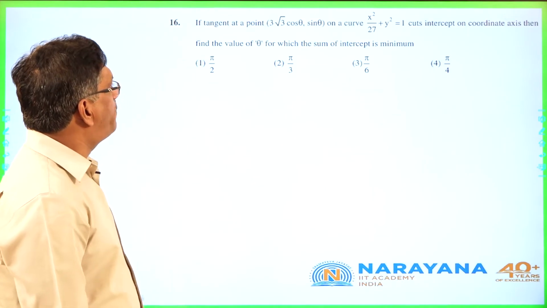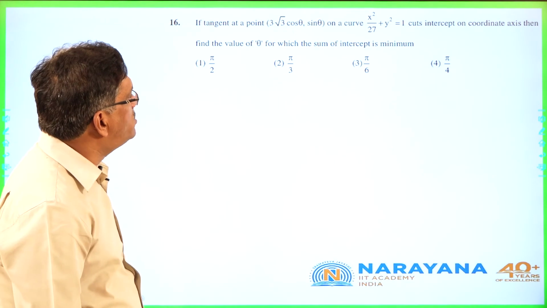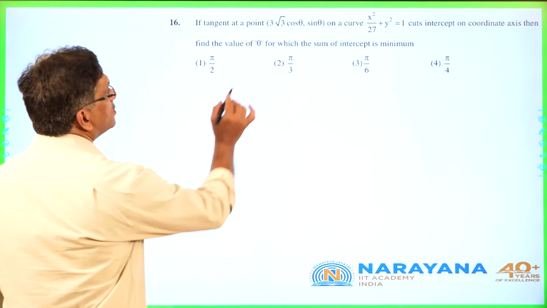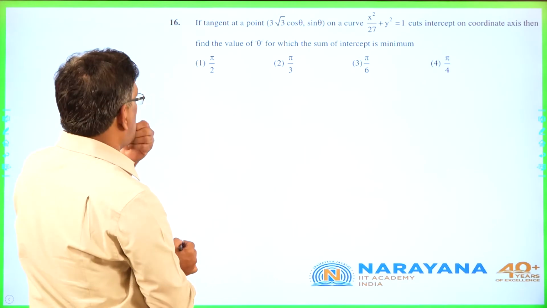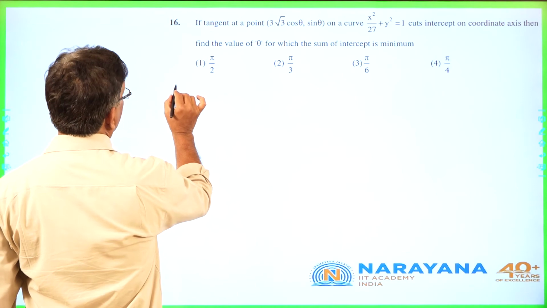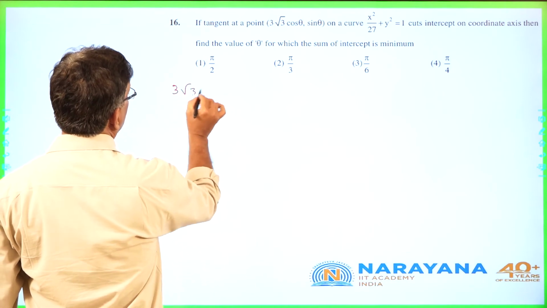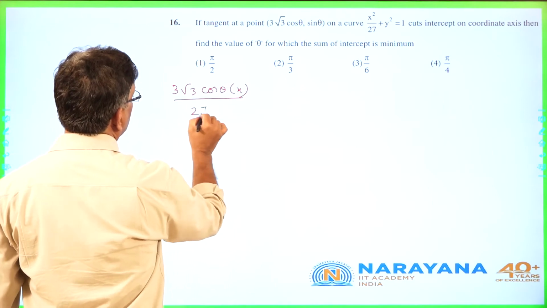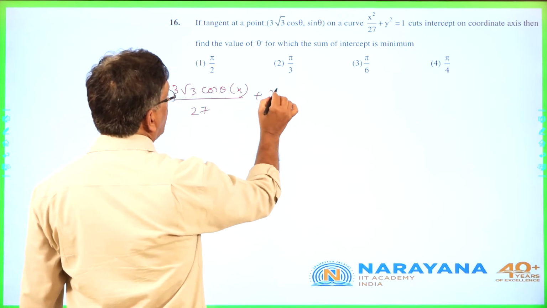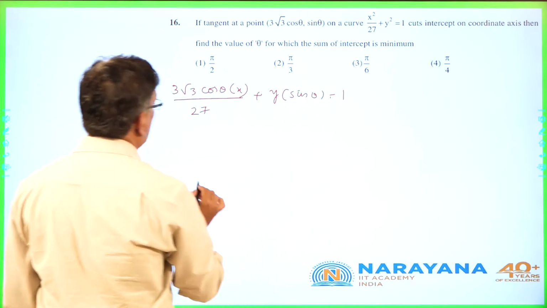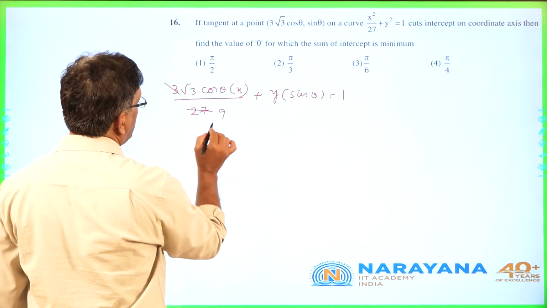If tangent at a point so and so on the curve cuts intercepts on coordinate axes. So, clearly the given point is on the curve only, tangent x1, that is 3 root 3 cos theta of x by 27 plus y1 sin theta equal to 1. This is 9 times.